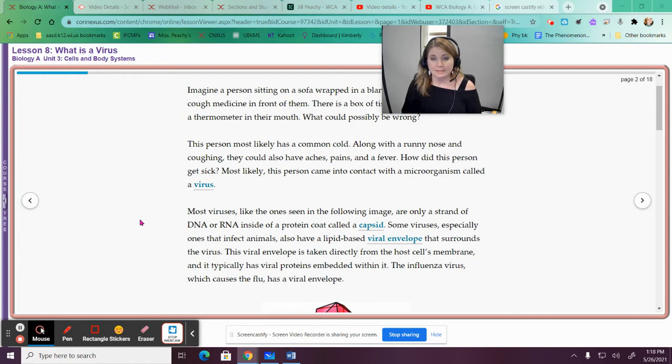But how do these things compare to the other types of organisms we've been talking about before? It's referred to in the reading as a microorganism, but then they go on to talk about it as really not being a living thing at all. So I'm not even sure if microorganism is the best descriptor for what a virus is.